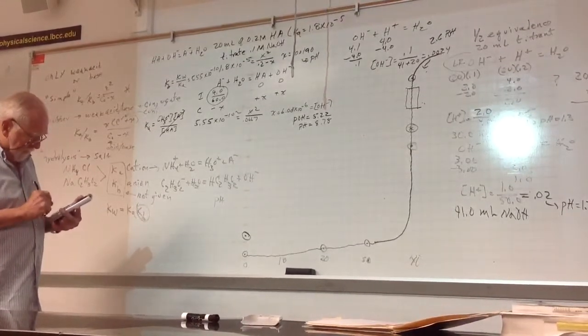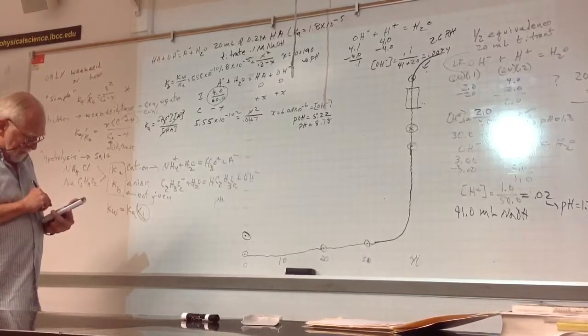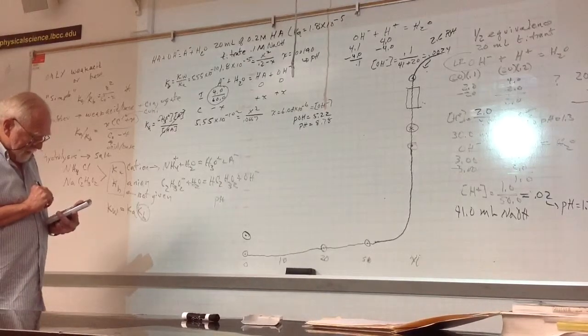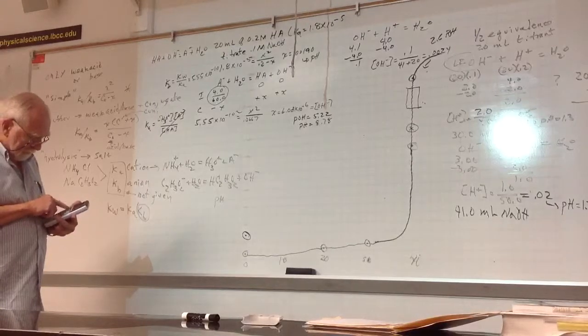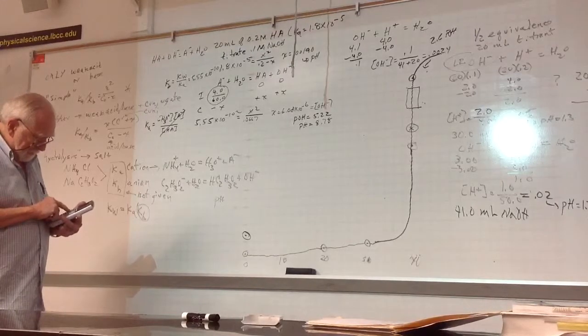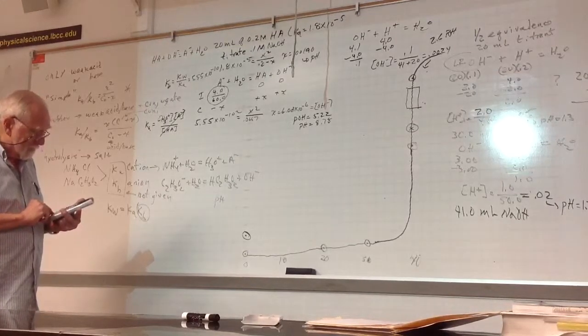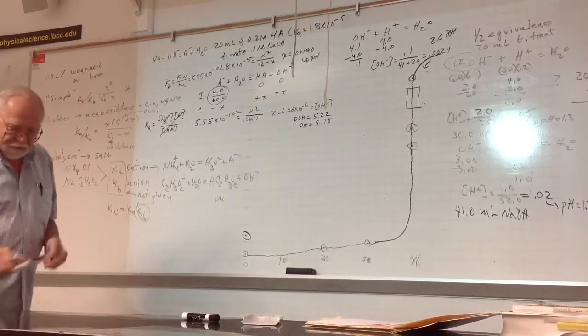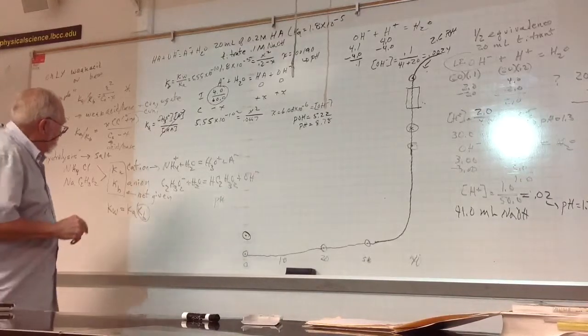But I'm just punching the wrong button here. pH is 4.74 once I hit the right buttons.